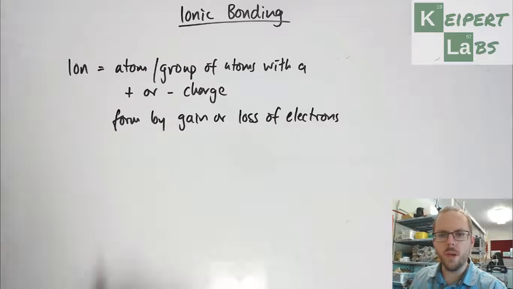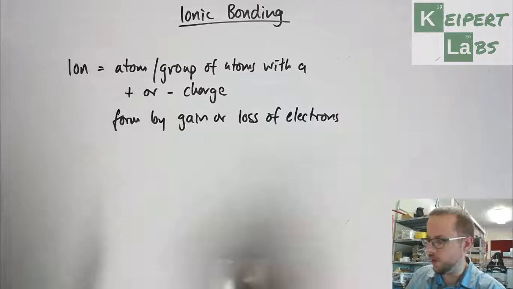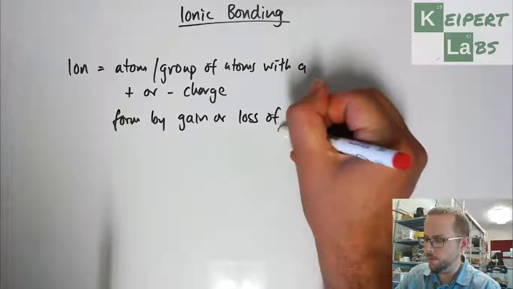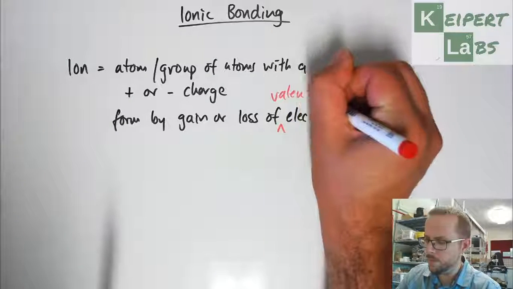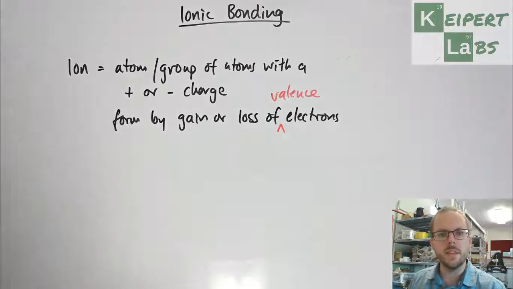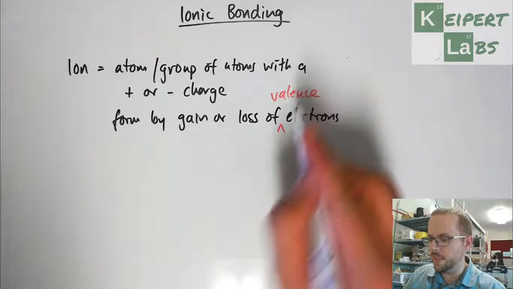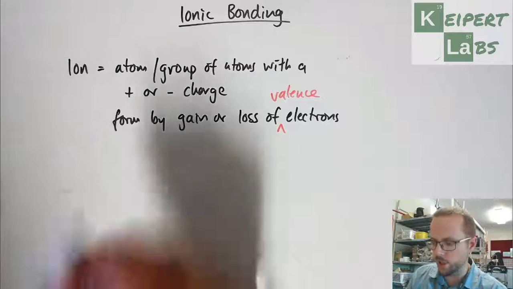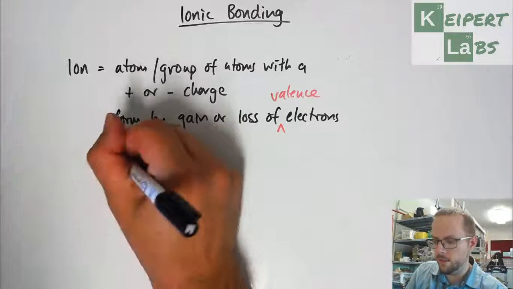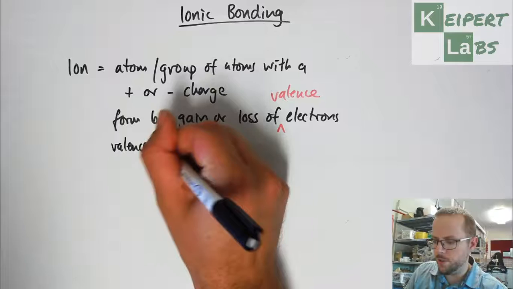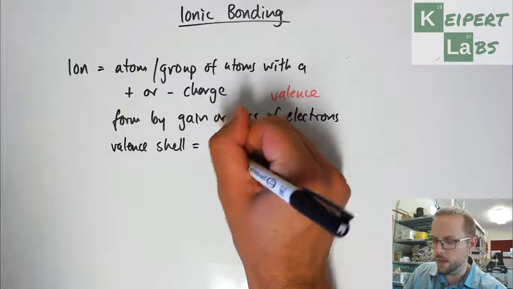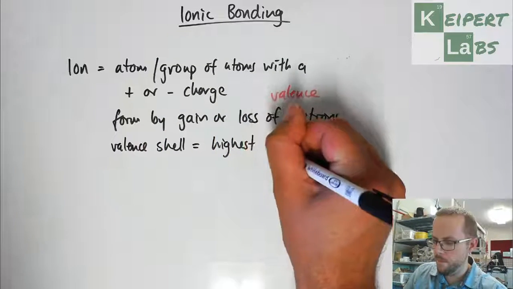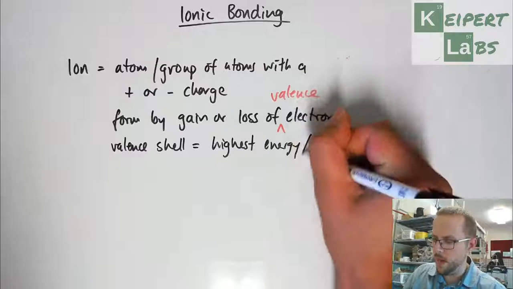And now, to give us a little bit of extra clarity for what we're going to do next, this idea that they form by the gain or loss of specifically valence electrons, not just any electrons, but the ones in our valence electron shell. Okay, so our valence shell equals our highest energy, or outermost shell.